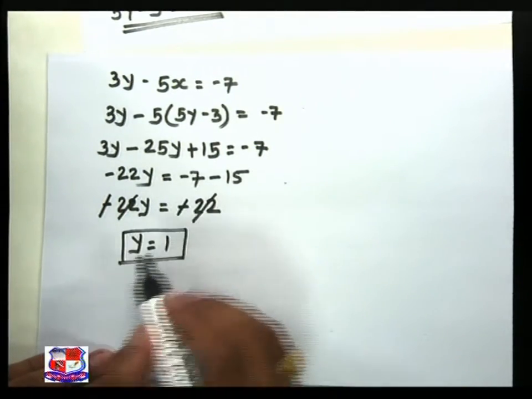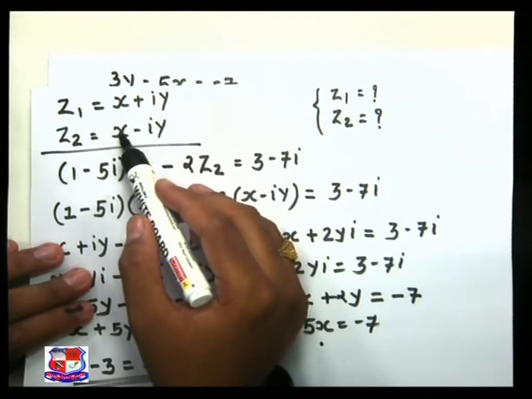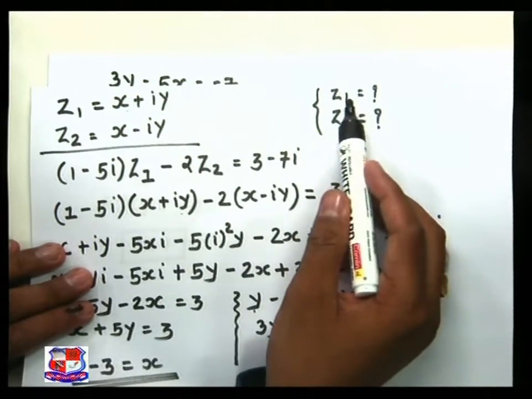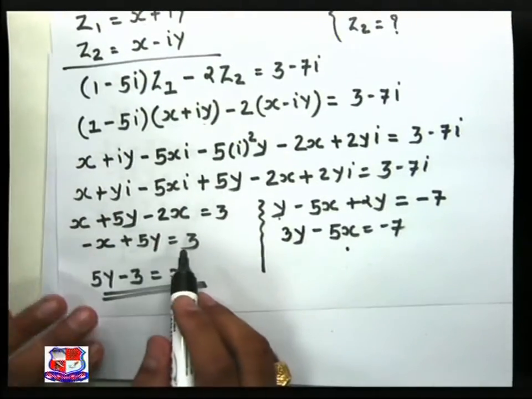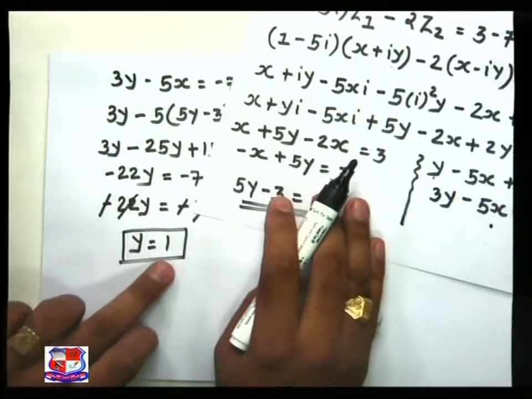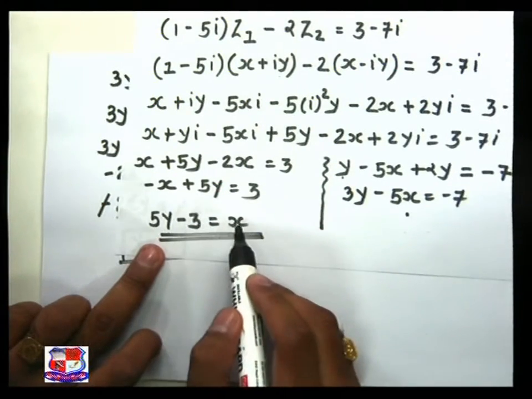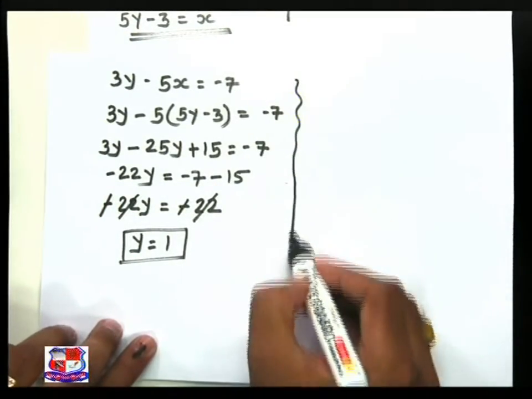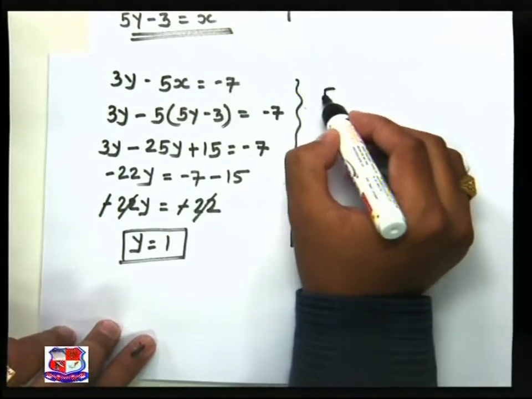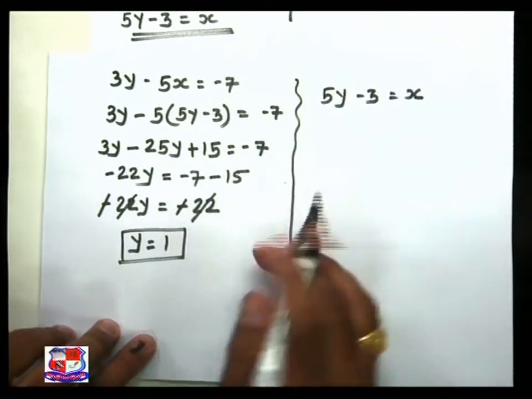So we find out the first value, that is y. Now we want to find out x value, and then we can find out z1 and z2 value. So we can replace y is equal to 1 in our equation, 5y minus 3 is equal to x.